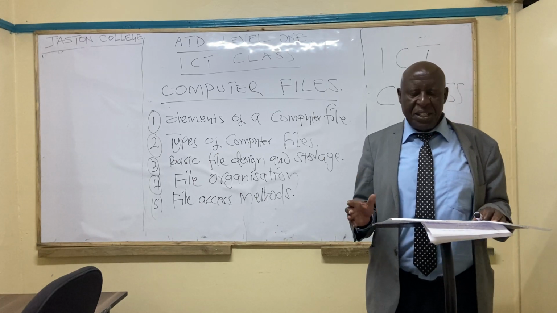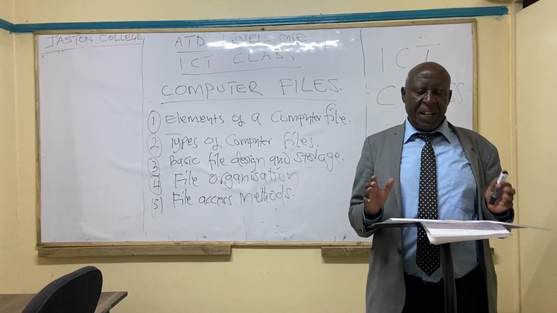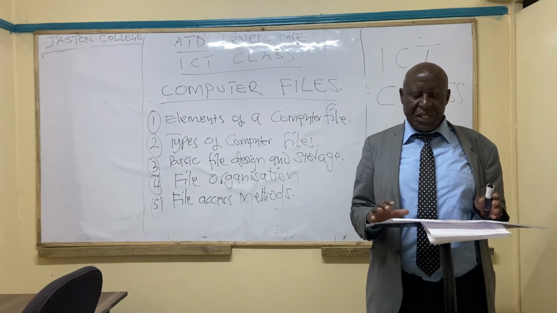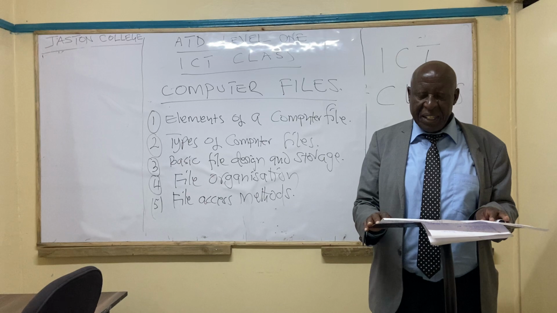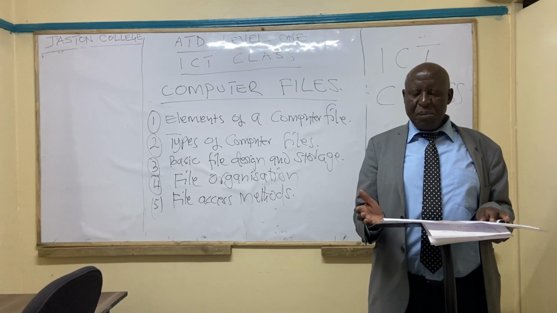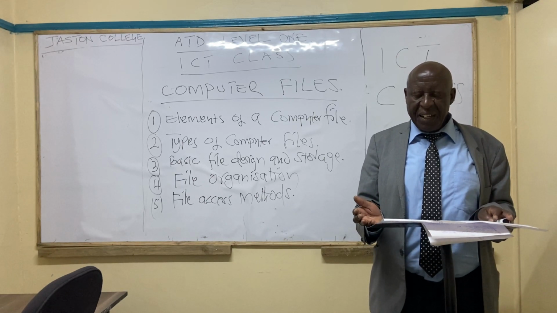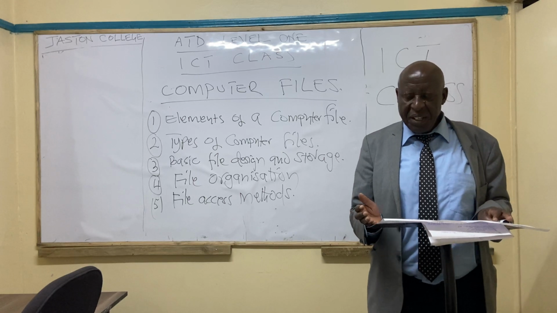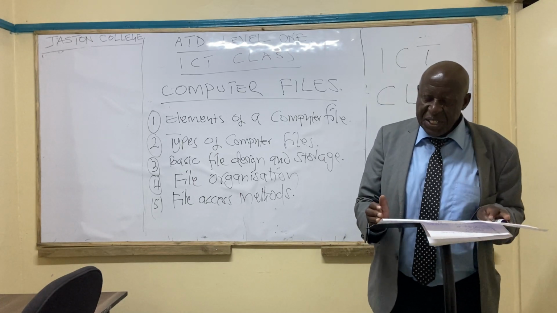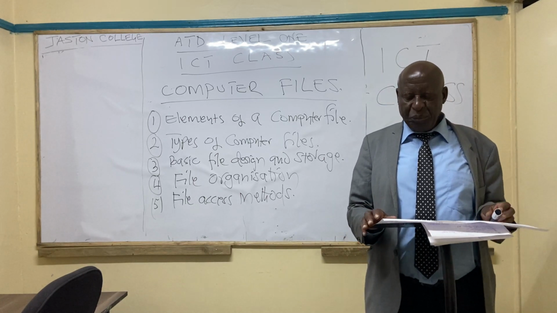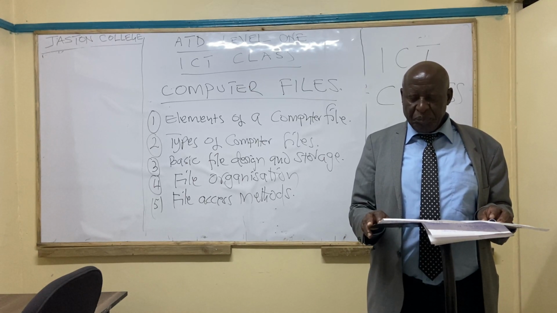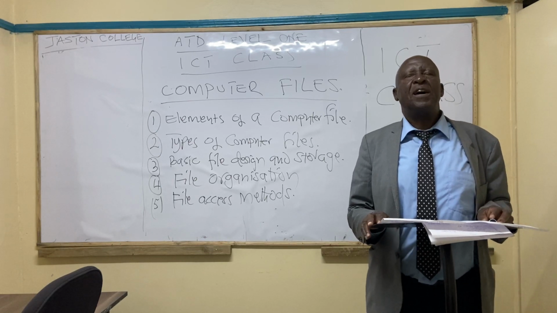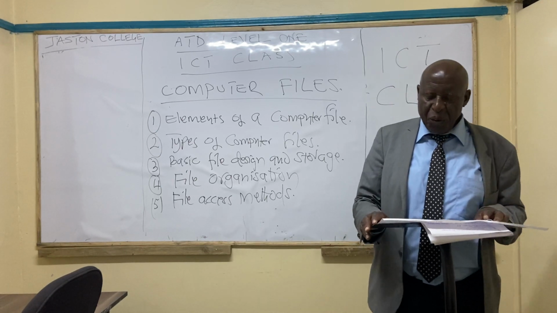Also, as we design the files, as we organize the files, we also have to look at the size. A file is measured in terms of length and size of the records in the file. There are two major record formats, that is fixed length format and variable length format.